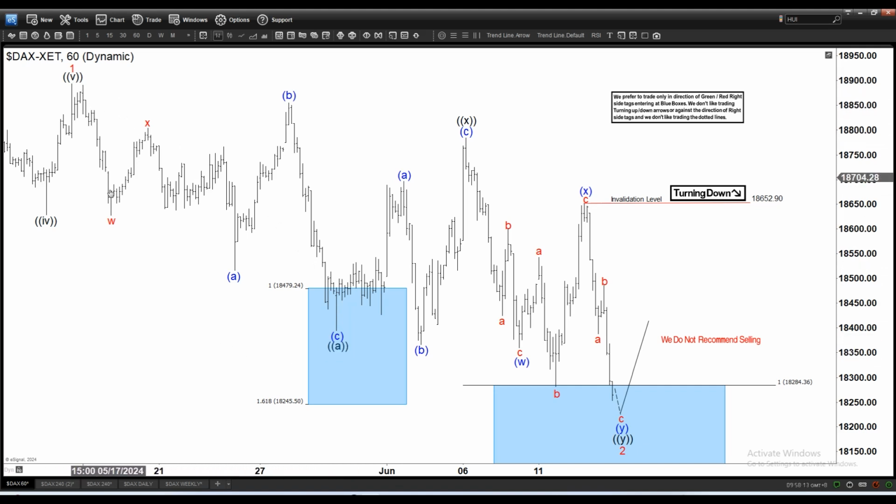Now, if you look at the short-term subdivision, it looks less likely that this is a 1, 2, 3, 4, 5. Even though this looks like 5 waves, this doesn't look like 5 waves, right? This looks like 3 waves, and that's why I think probably this is not a 5-wave diagonal down. Now you can force it to be a 5-wave diagonal down.